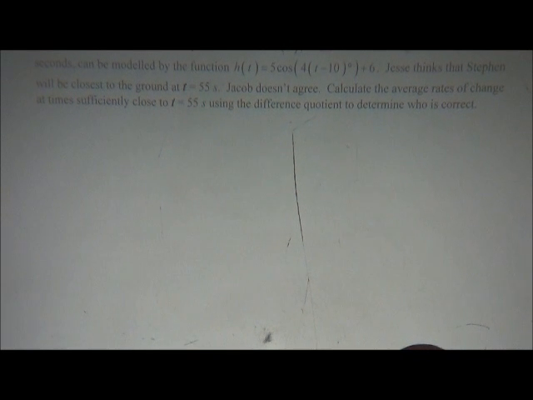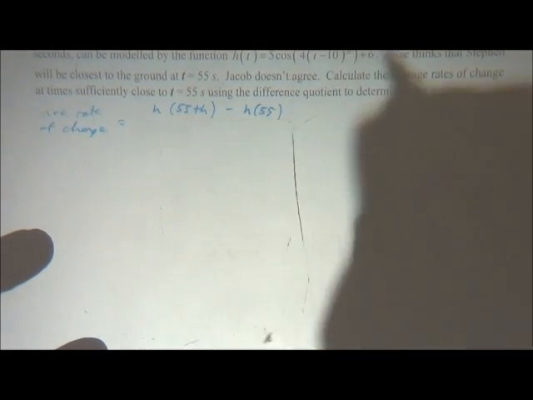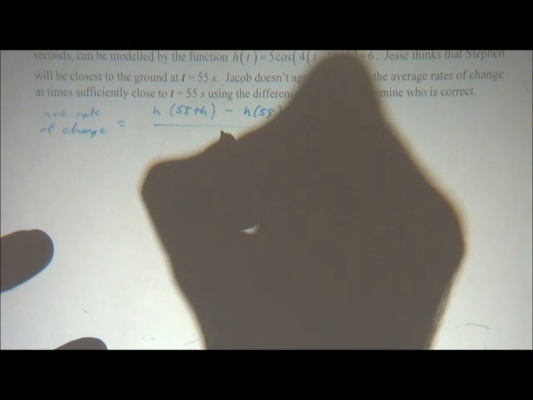Okay? So we're going to start with the average rate of change, which is how we always do this. And so we've got h of 55 plus h minus h of 55 all over h.